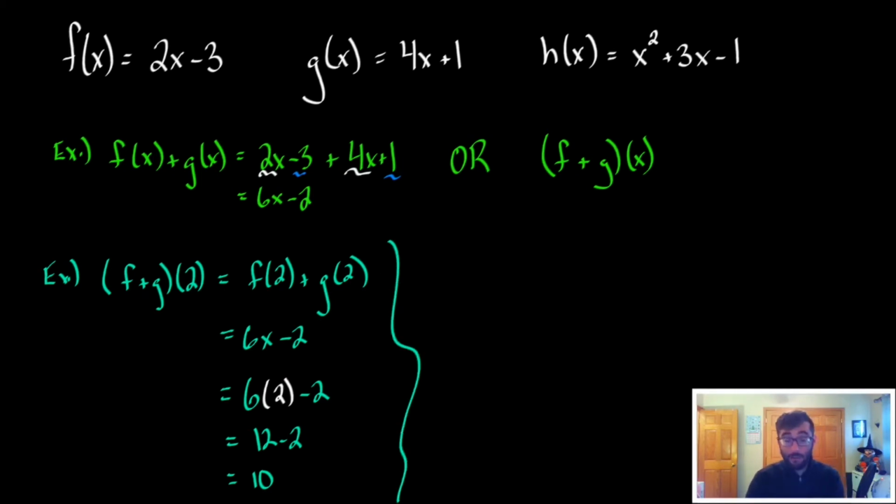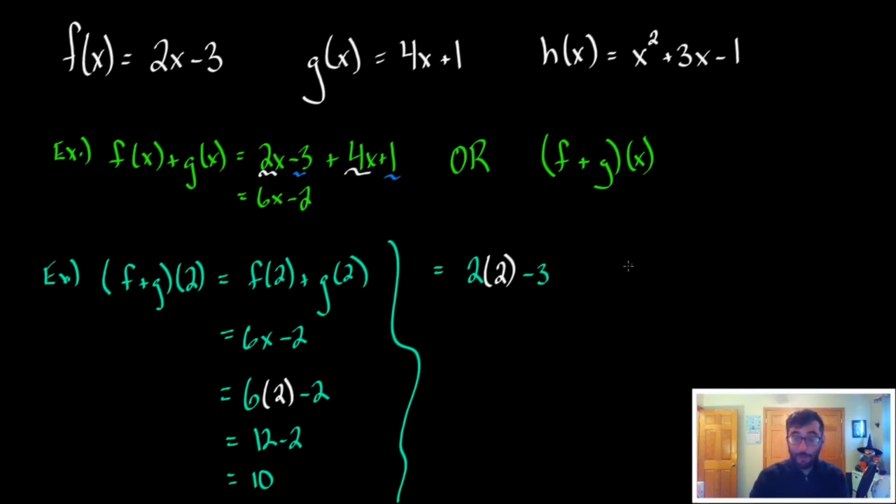The other way we could have done it is by actually substituting into each function first, evaluating it at that value, and then just perform the operation as, in this case, addition. So for example, if we did that, that would be, okay, well, f of 2 would be 2x minus 3. Well, x is 2, we're saying, minus 3.